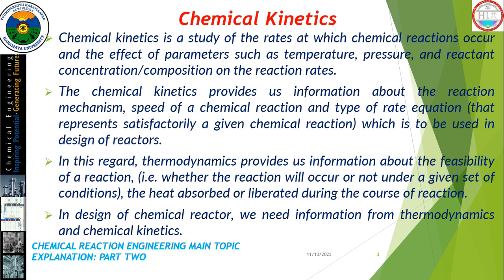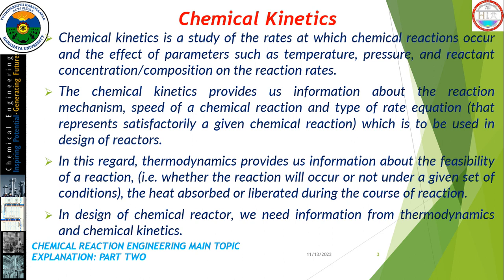So in designing a chemical reactor, we need information from thermodynamics, which deals with the feasibility of the reaction under a given set of circumstances, and whether heat is absorbed or liberated during the course of the reaction, as well as from chemical kinetics.